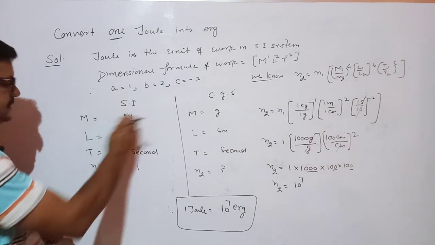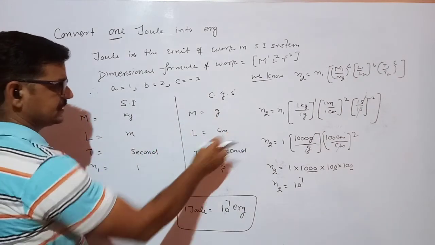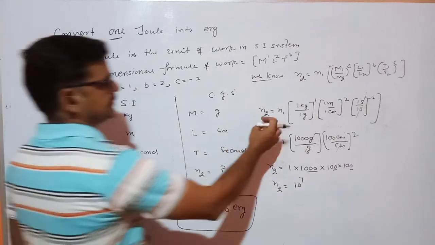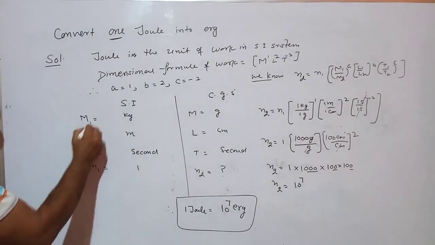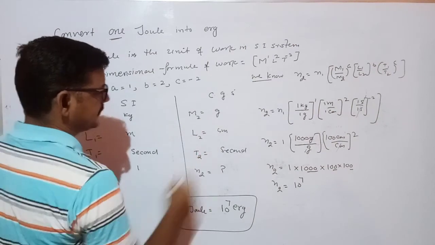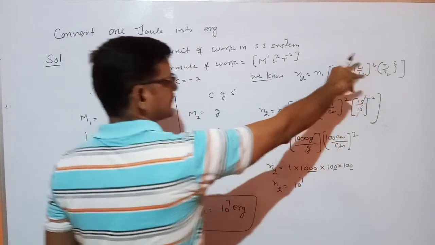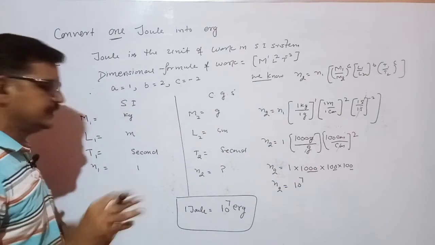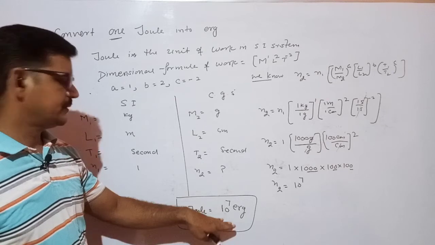So here mass kg, length meter, time second, and here mass gram, length centimeter and time second. Then we put all the values here. Also for clarity, let them be M1, L1, T1 and M2, L2, T2. After that we put all these values here and calculate the value of N2. So in this way we prove that 1 joule is equal to 10 raised to power 7 erg.